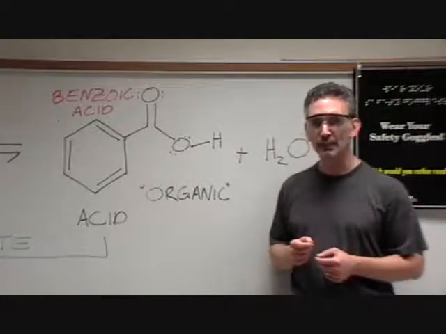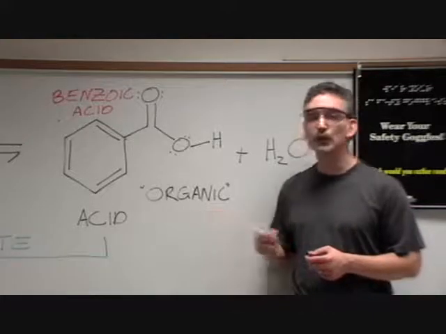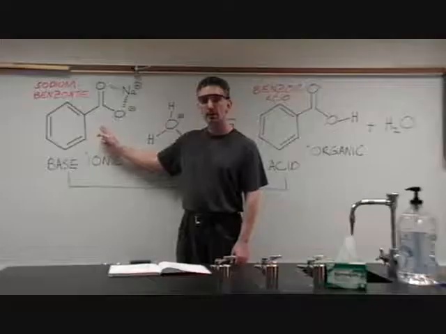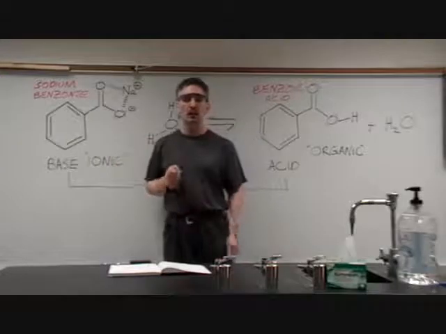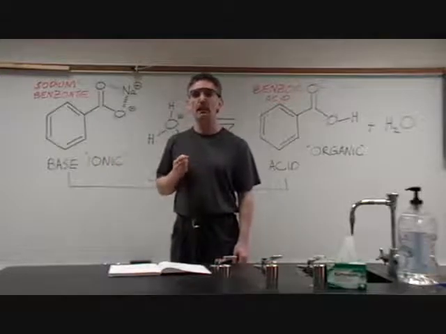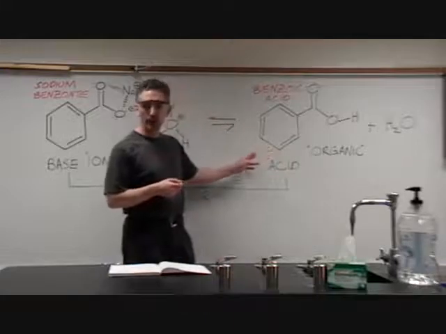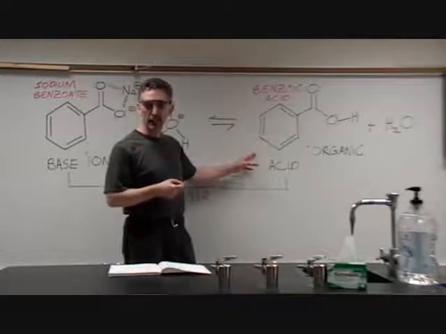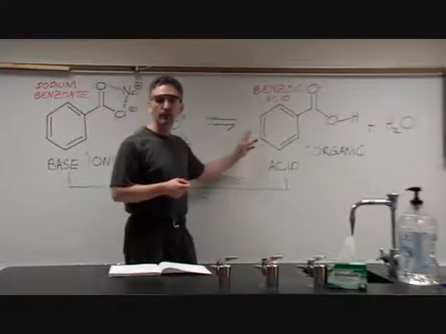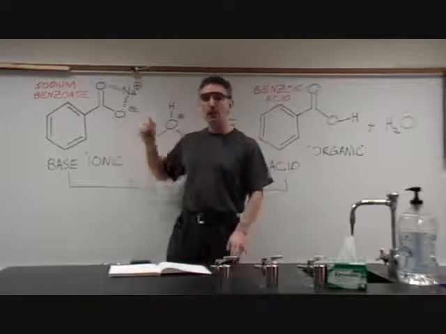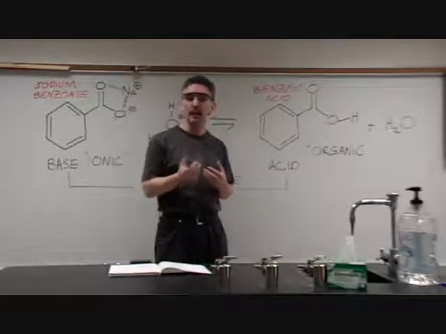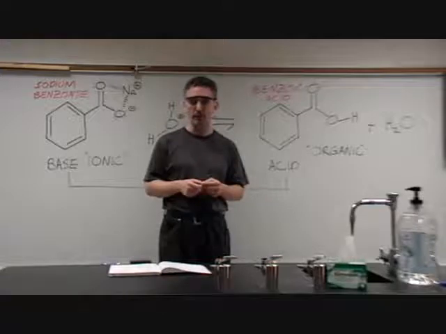And benzoic acid itself, being the conjugate of sodium benzoate, it should be easy to see that sodium benzoate is part of a conjugate pair, and its conjugate partner is benzoic acid. We can flip between the two chemical compounds just by adding or removing a proton.